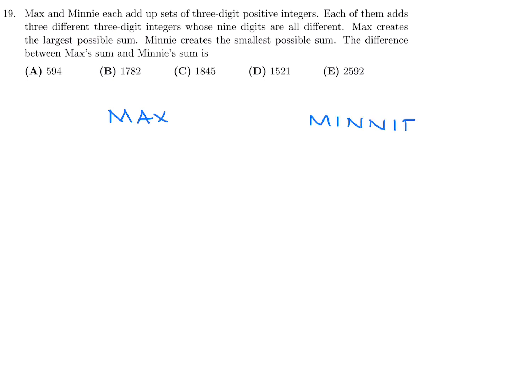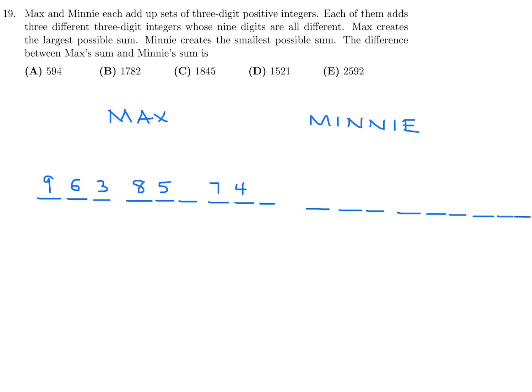So let's see here. We've got to create 3-digit numbers for each of them. One criteria is that all of the digits have to be different for each of these. So Max, we have to make the largest possible. So let's put a 9 here, an 8 here, a 7 here, 6, 5, a 4, a 3, a 2, a 1.